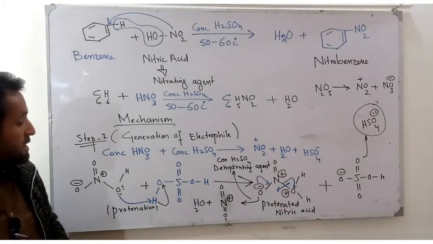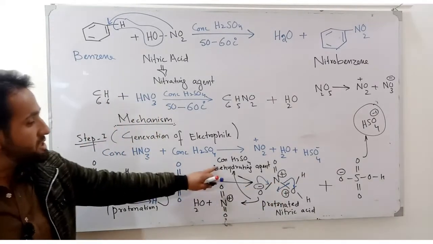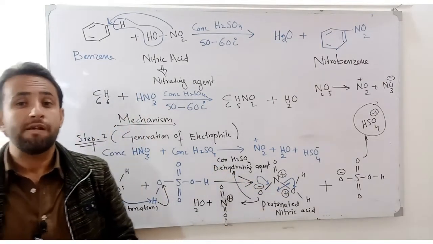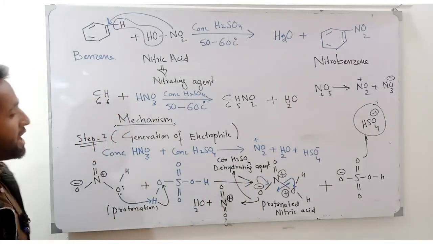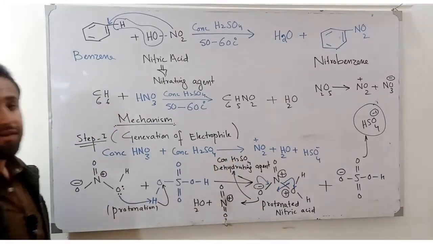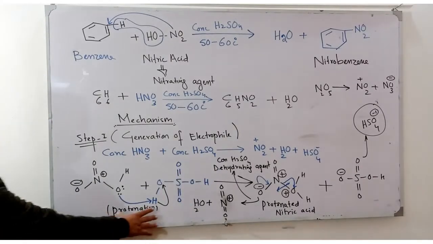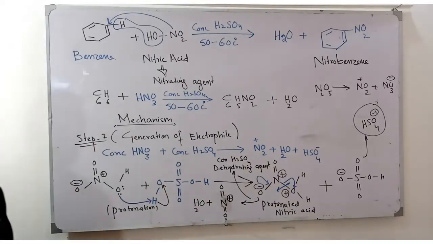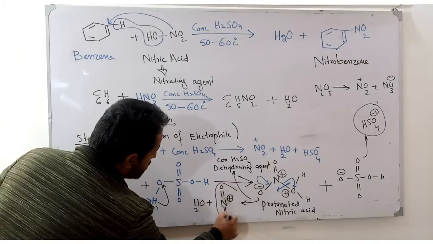In this case, the concentrated sulfuric acid compels the water molecule to leave the nitric acid. So this is step number 1, generation of the electrophile, which is basically this is our electrophile.